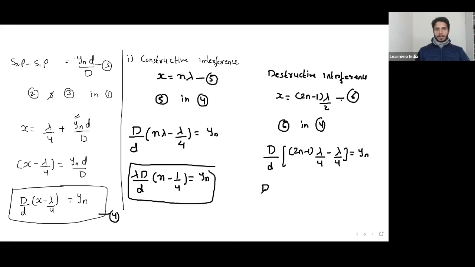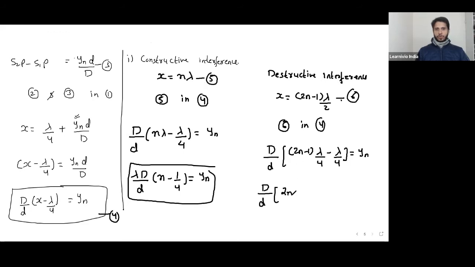So I can write this as D by d, 2n minus lambda by 4 minus, no, sorry. So just multiply it here.